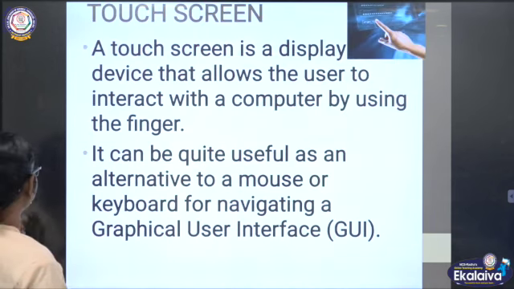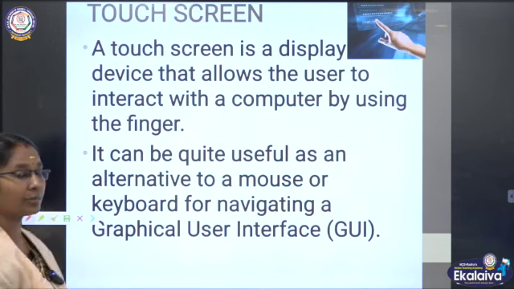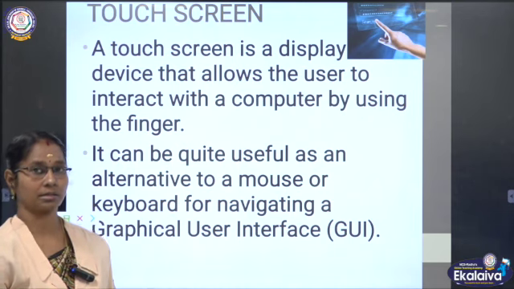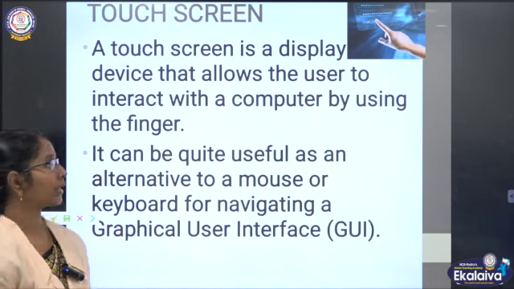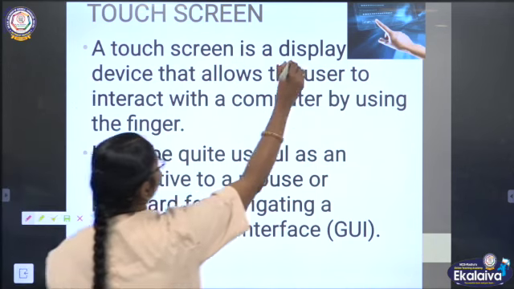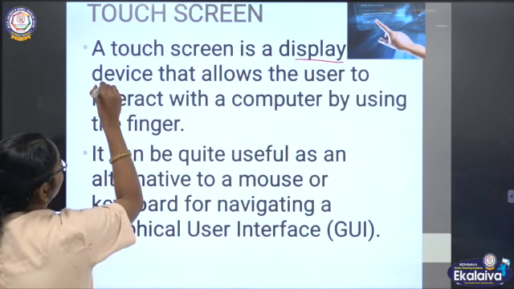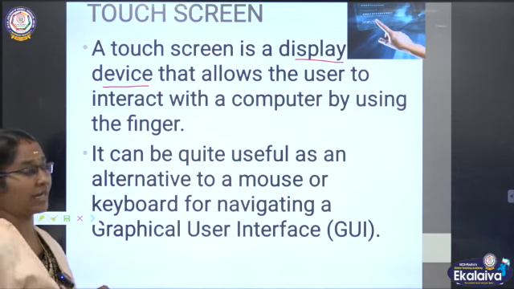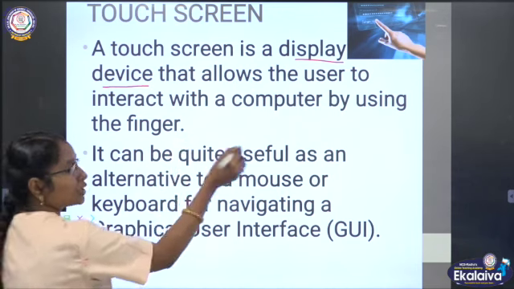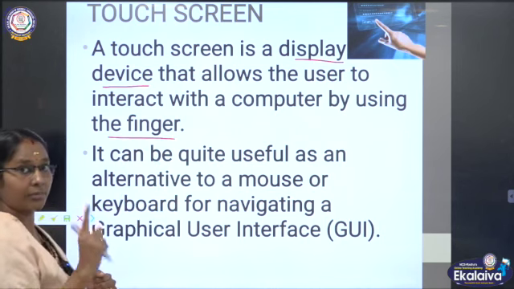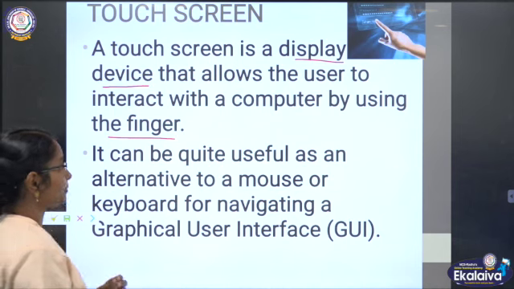Next we are going to see touch screen. You people are very familiar with the touch screen. You are using it in your mobiles, tablets. So what is a touch screen? It is also going to display any information on a particular device that allows the user to interact with your computer by using our finger.